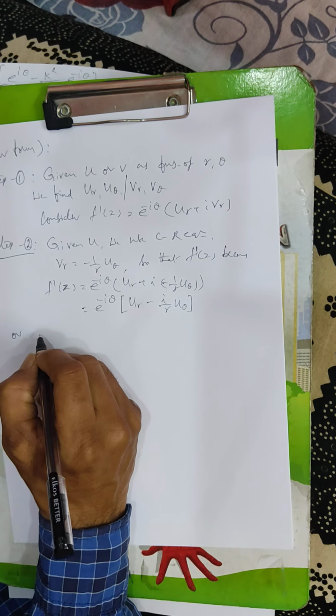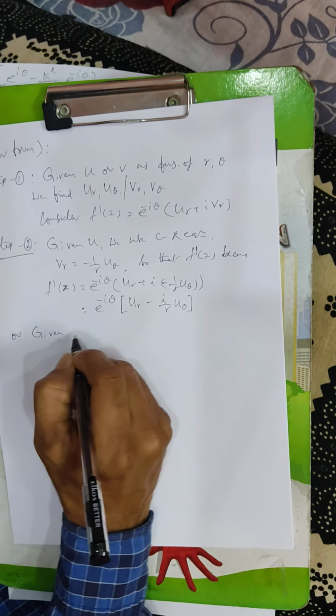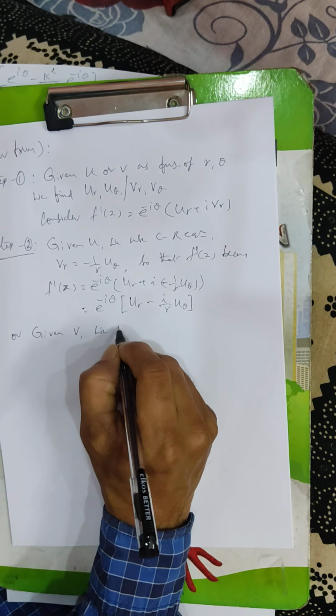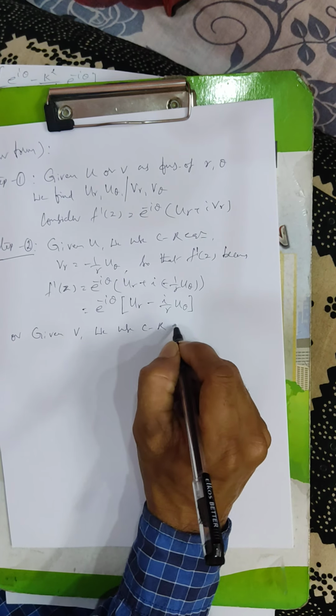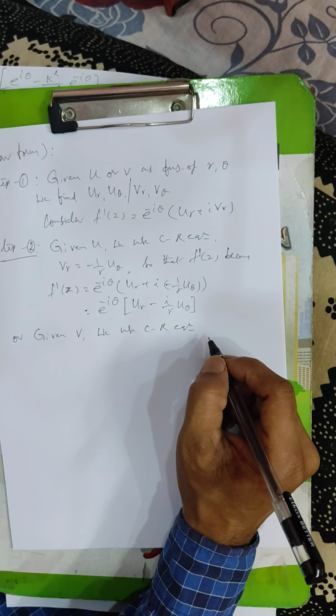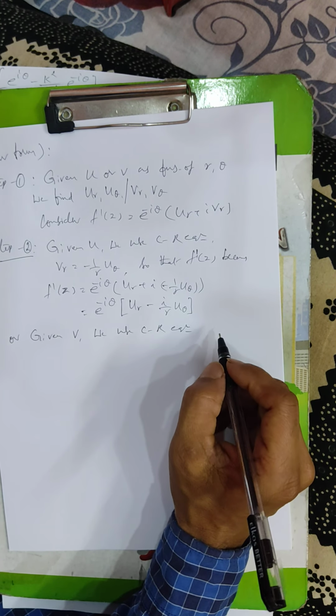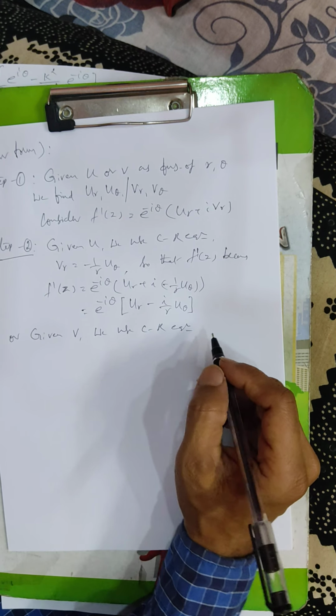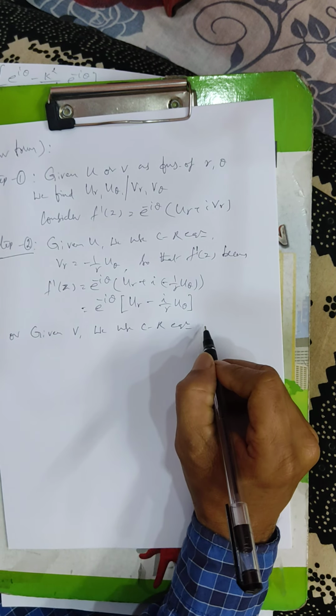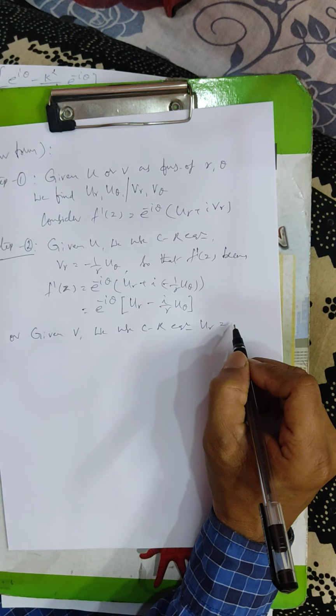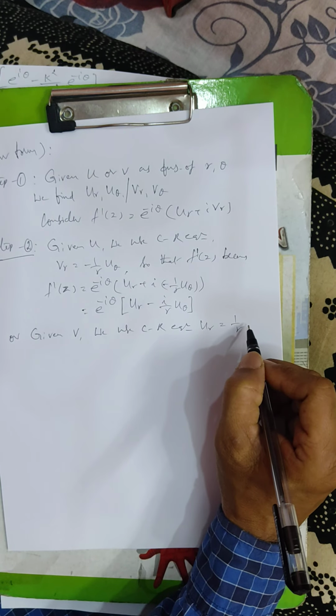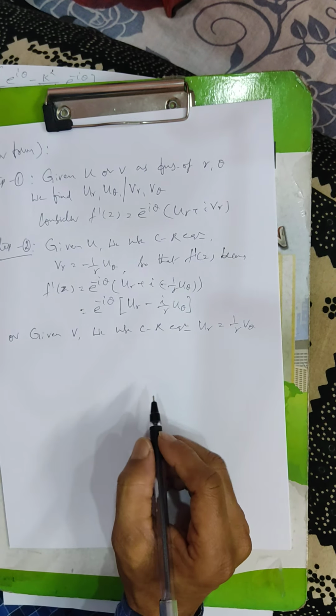Or, given v, we use a CR equation. So which CR equation will we get if the given function is v? ur is equal to 1 by r v theta.